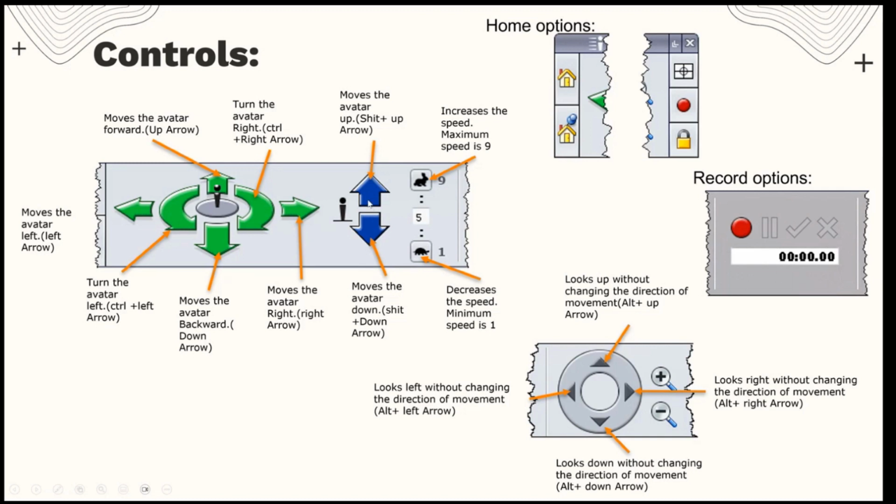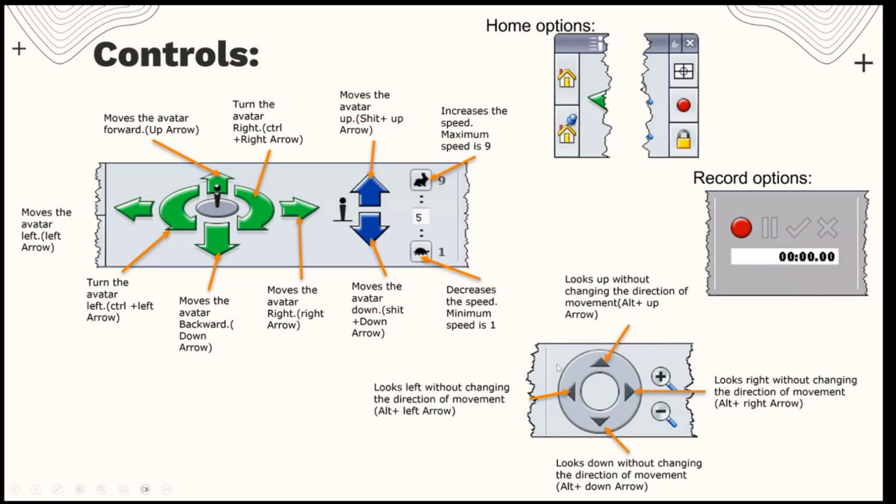That means if you are walking on the ground floor, and suddenly you want to move to the first floor and second floor, then these kinds of arrows can be used. And coming to the extreme right, we have two symbols, one is a rabbit and another is a tortoise. So the speed is termed in terms of rabbit and tortoise. If we click rabbit, the speed increases. If we click tortoise, the speed decreases. Generally, the speed ranges from 1 to 9.